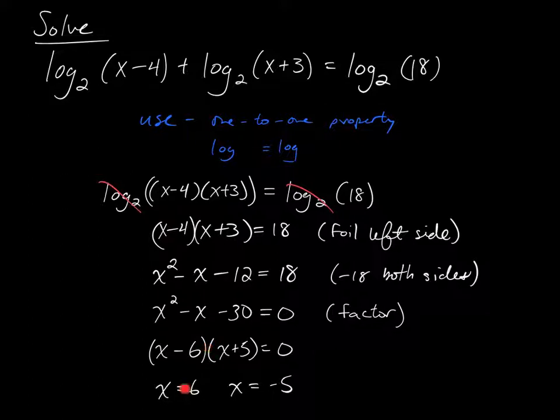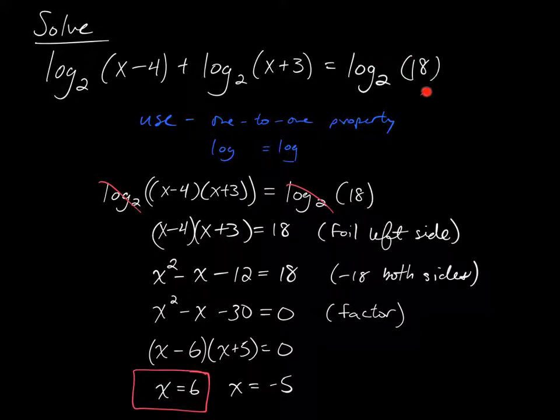We have to check all the logs with x in them. When I substitute 6 into this argument, 6 plus 3 is 9. That's a positive number. Check. 6 is a good answer because it makes the arguments of all the logs positive.